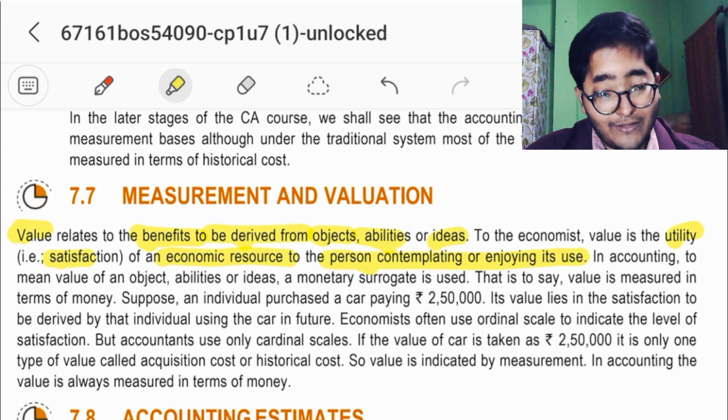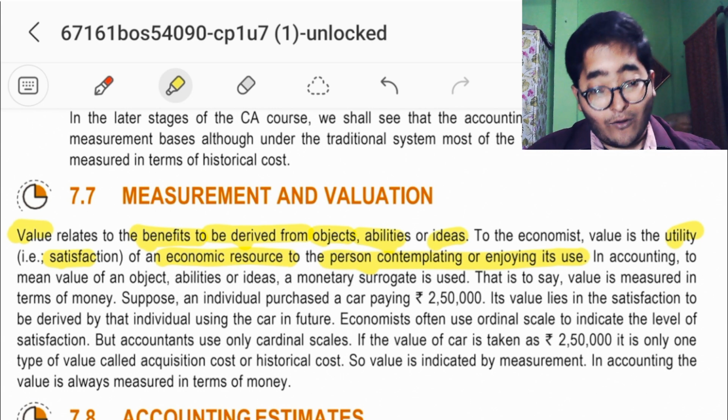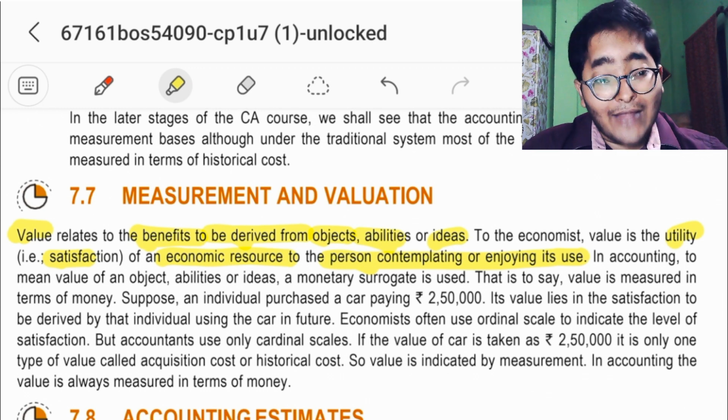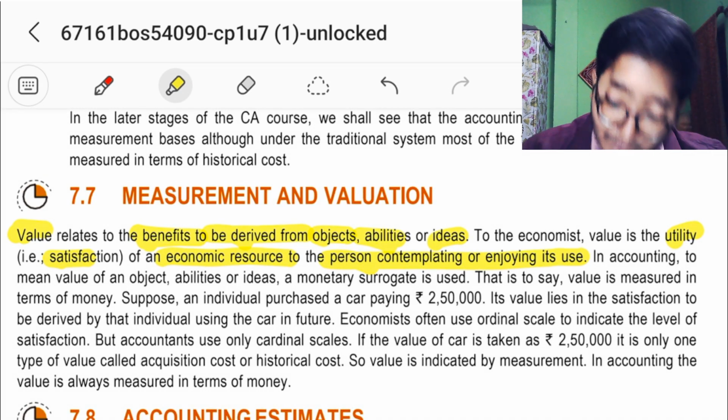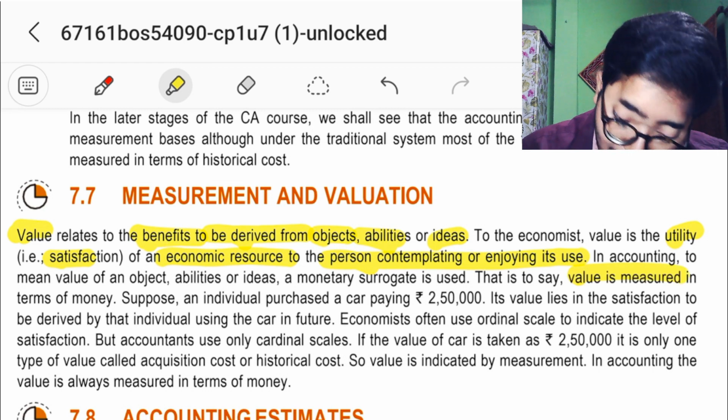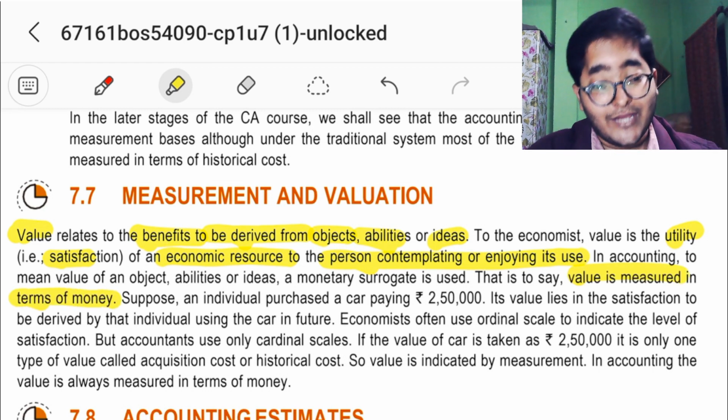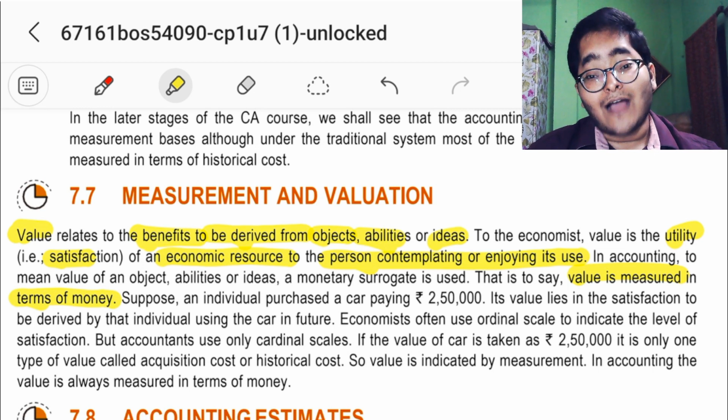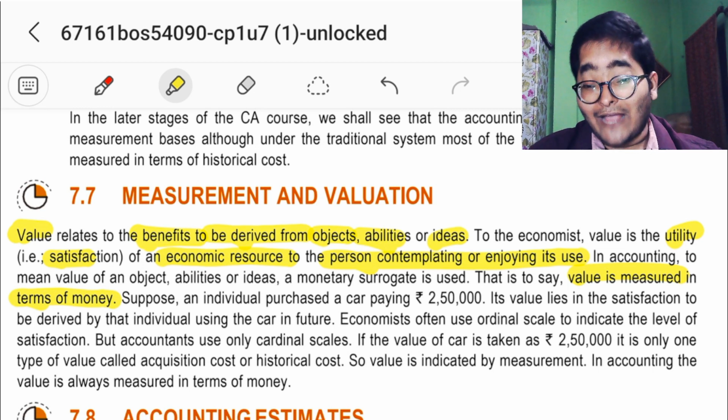In accounting, to mean value of an object, abilities, or ideas, a monetary surrogate is used. That is to say, value is measured in terms of money. Value terms of money में measure किया जाता है. Suppose an individual purchased a car paying rupees 2,50,000.